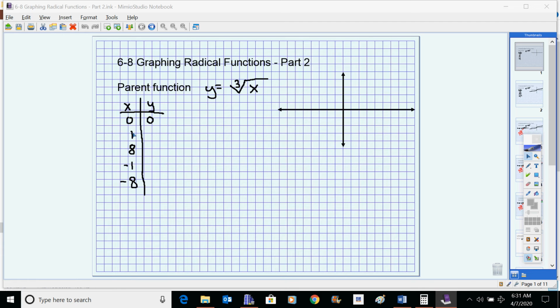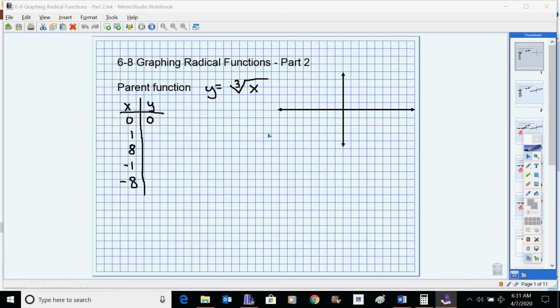The cube root of 1 is 1, because 1 times 1 times 1 gives you 1. The cube root of 8 will be 2 for the same reason: 2 times 2 times 2 is 8. And then we have our negatives to go right along with them, this being -1 and this being -2.